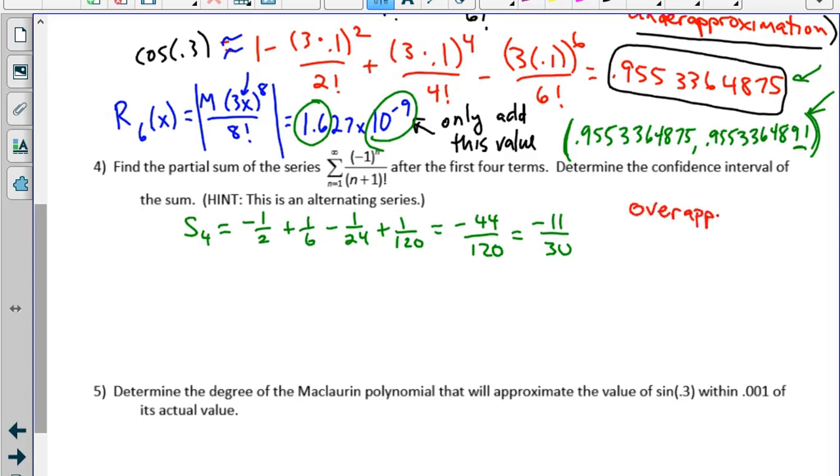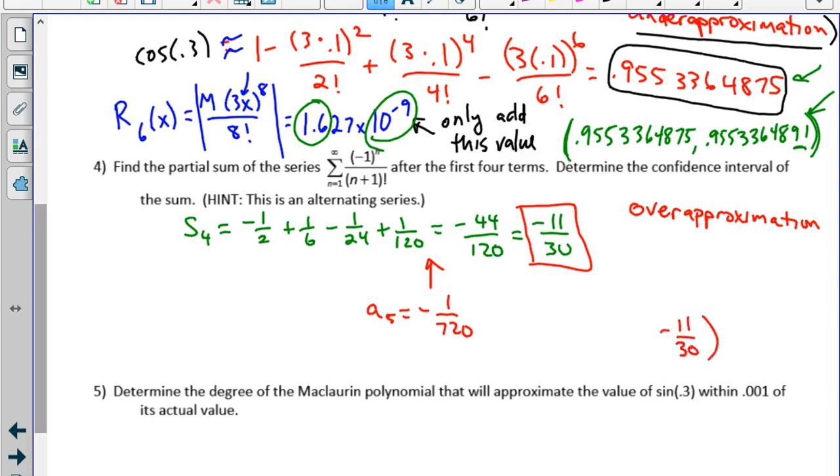And the reason why we know it is an over approximation is because the next term would be minus 1 over 720. And since the next term, which I'm going to call a sub 5, is negative, that means that negative 11 over 30 is going to be bigger than the actual answer.